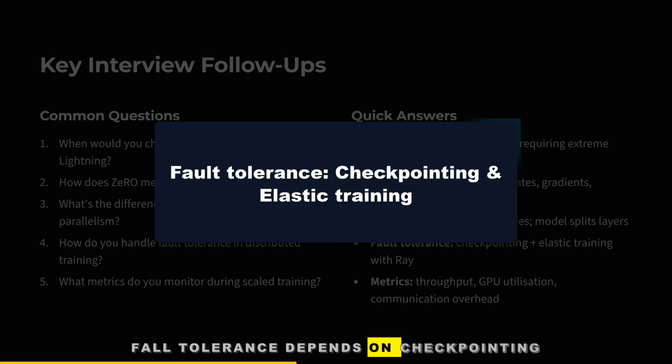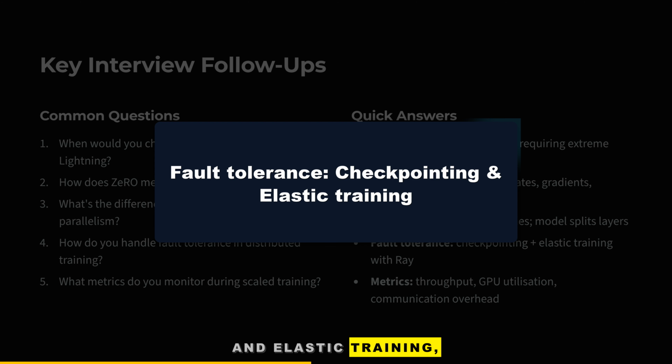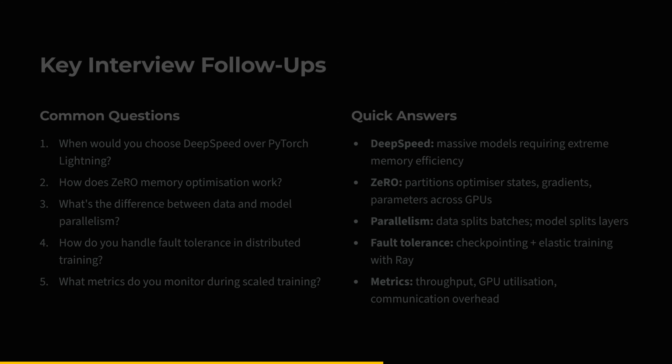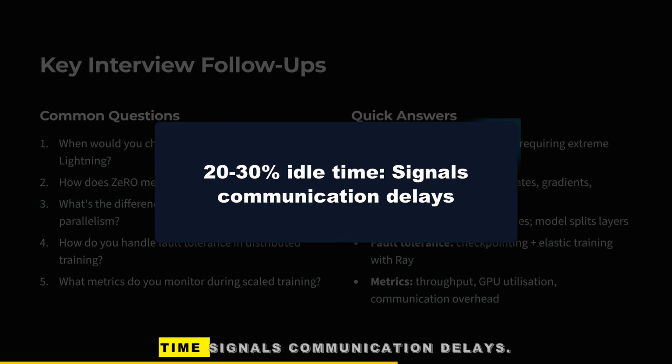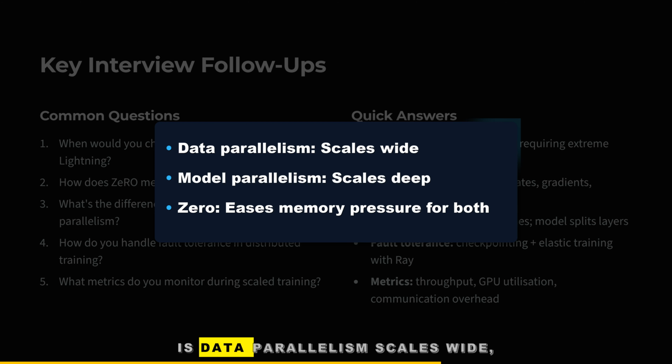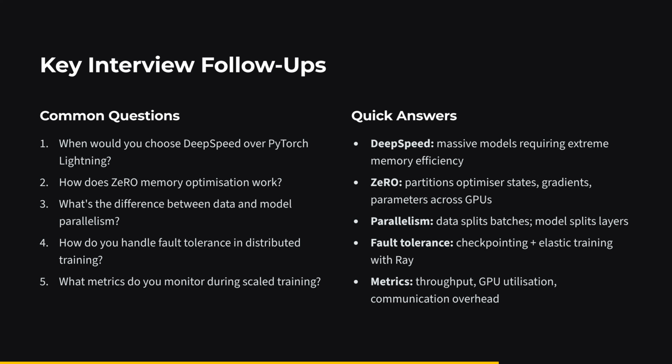Fault tolerance depends on checkpointing and elastic training, so failures don't end the job. Monitoring throughput, idle time, and synchronization cost reveals where imbalance hides. 20 or 30% idle time signals communication delays. A helpful comparison in interviews is data parallelism scales wide, model parallelism scales deep, and ZeRO eases memory pressure for both.